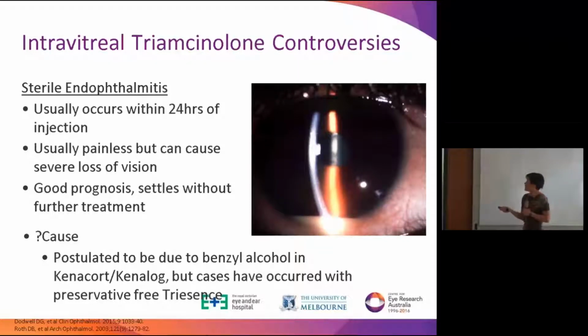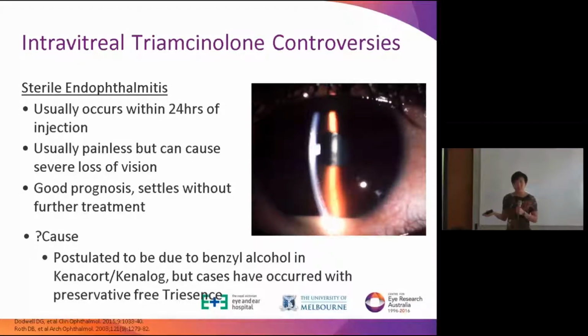It usually occurs within 24 hours of your injection. The patient comes in and it's painless usually, and you just see this hypopyon-like appearance. Sometimes that looks like crystals, but it is a definite reaction. Settles very quickly. It does not worsen, which is what you would expect with infection, and that's something that we always worry about.